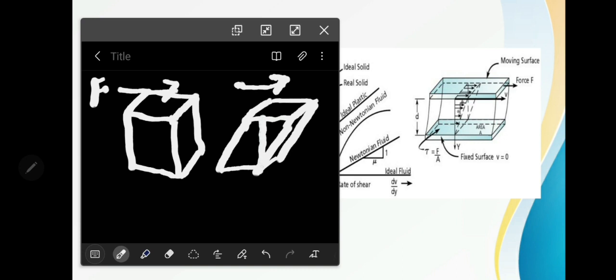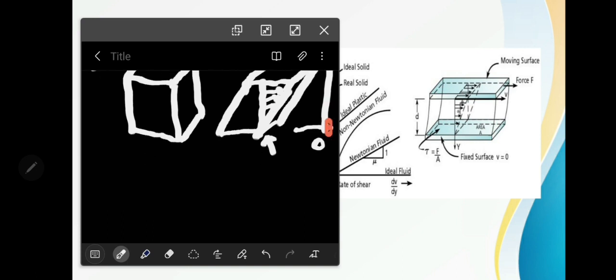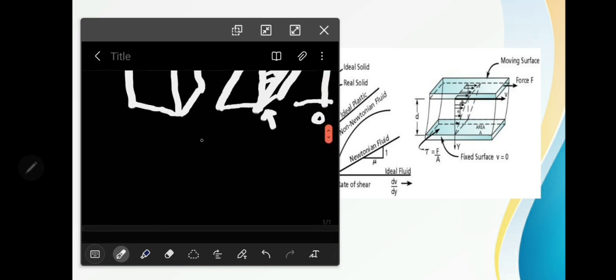Okay, so the fluid also, tanaw ninyo, no, ang stress niya is triangular. From the bottom, this one, it has zero stress. So the application of the force, tangential force from the bottom is zero. As it moves upward, as it goes nearer the force, the stress distribution tends to increase, making it a triangular form.